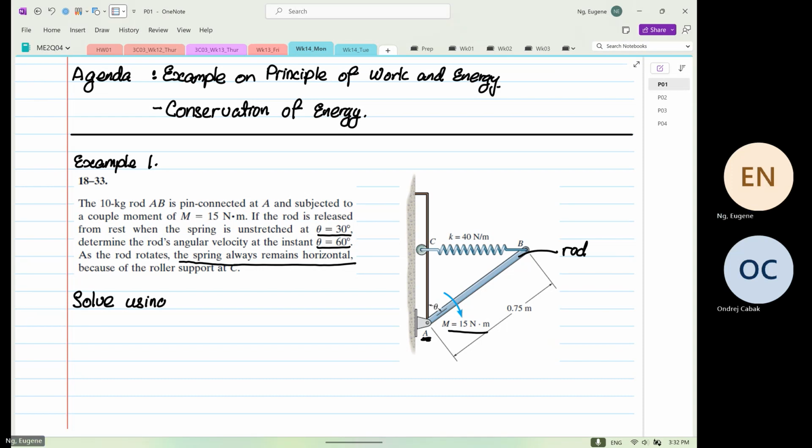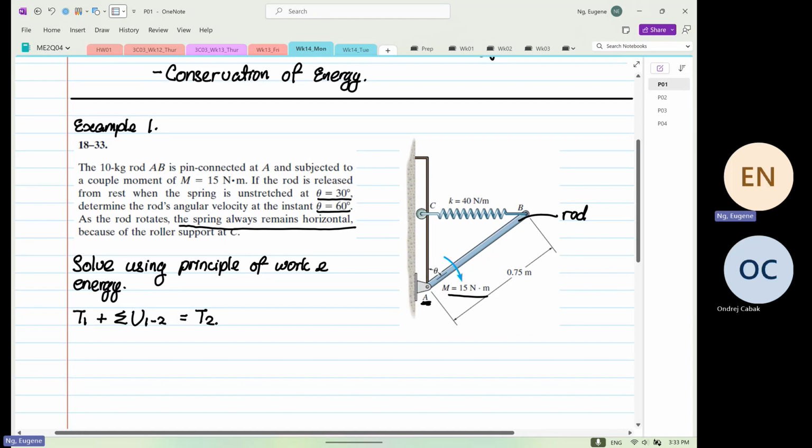using the principle of work and energy. The formula that we are going to work with is T1 plus the summation of work done from the first situation to the second situation equal to the kinetic energy at the second situation.